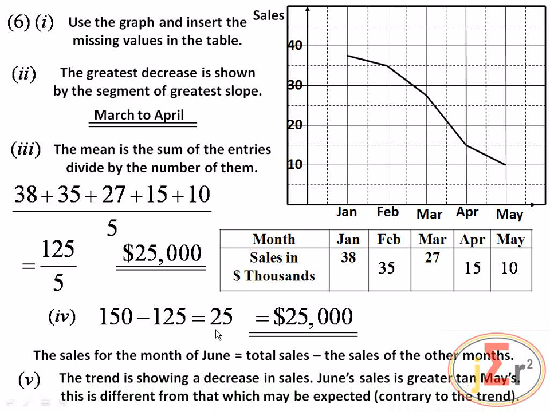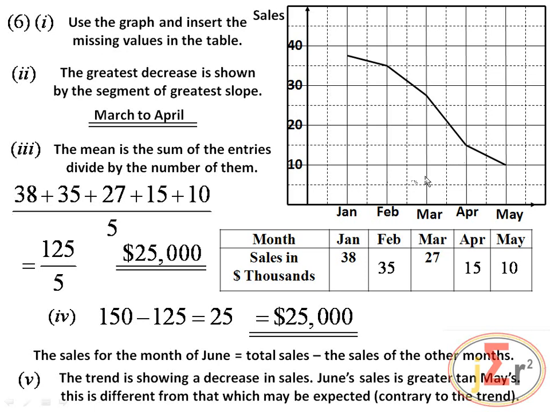How do we comment on the sales for the month of June? The trend is showing a decrease in sales all the time, as we can see right here. June's sale is greater than May's sales. This is different from that which may be expected, which is contrary to the trend.